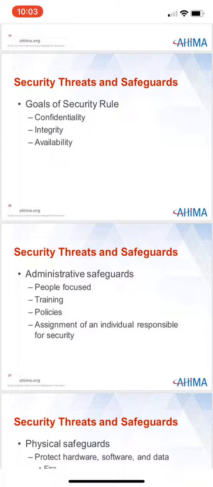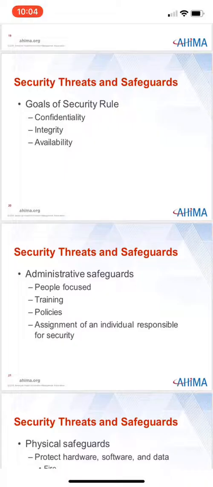Physical safeguards are mechanisms in place to protect hardware, software, and data. The physical safeguards should protect EPHI from fire, flooding, unauthorized access to hardware, theft, and other hazards. And technical safeguards use technology to protect data and to control access to the data.